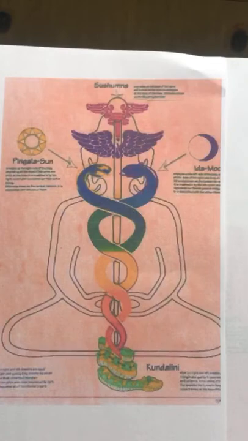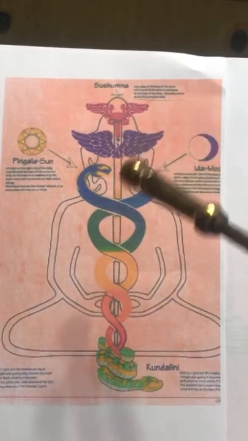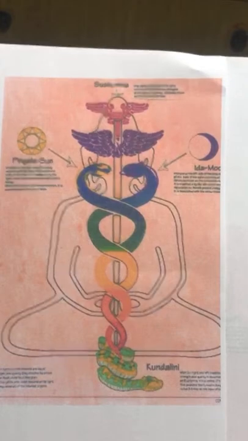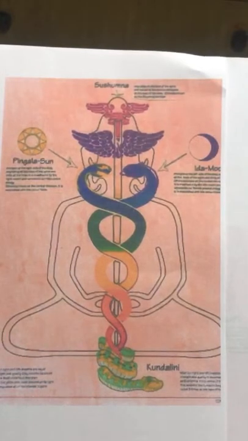So when you're doing alternate nostril breathing, people teach it, but no one says that you see the energy spiraling up the central spine. What they say is you go up and down. What they don't understand, or don't even have a clue of, is that the energy spirals up.